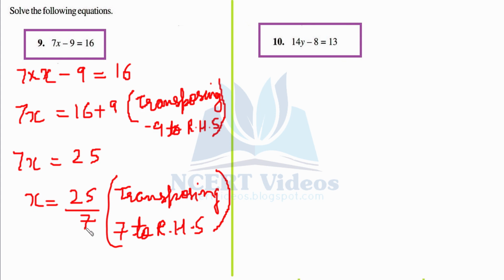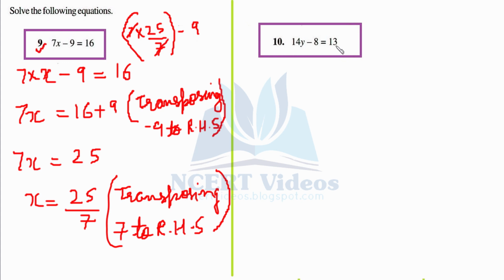No need to solve it further because it is a rational number. And let's check it. So we had 7 which was getting multiplied with 25 over 7 because it is our solution. Whatever the value would come, we are going to subtract 9 from it. So 7 got cancelled here. 25 minus 9 is 16. So indeed 25 over 7 is our solution, and that solves our 9th.